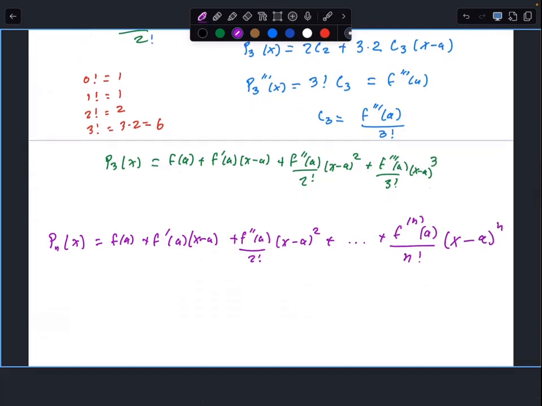So we just continue that pattern depending on what degree of Taylor polynomial we are looking for.